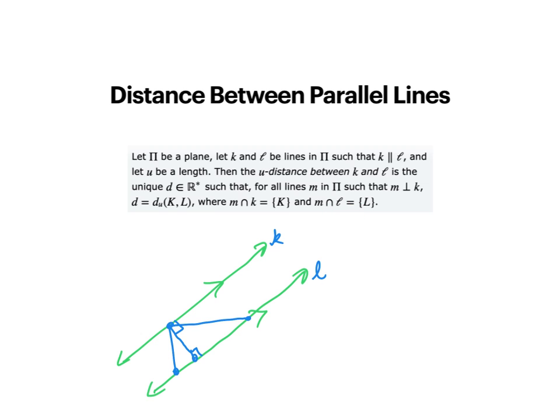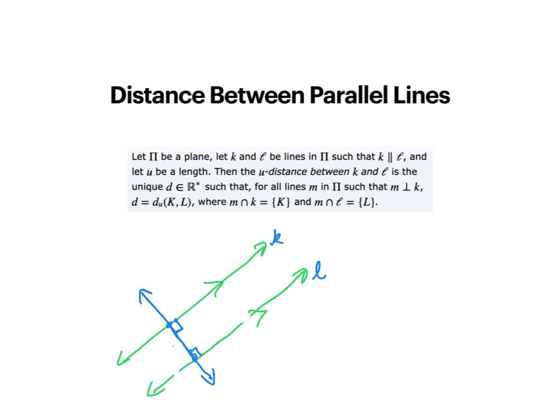So let me show you what that looks like. I'm going to erase this a minute. So according to this, I have a perpendicular line M. And again, M is perpendicular to K. I have that marked here.